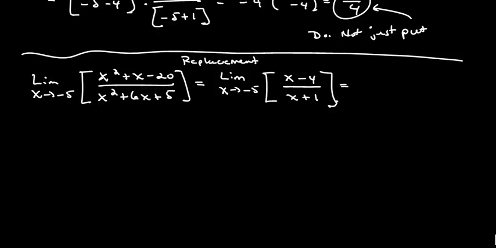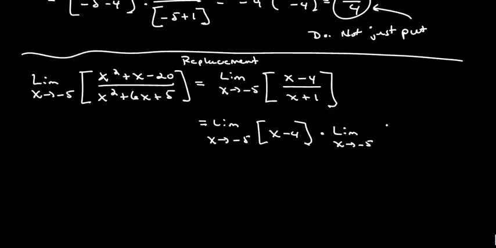Then we would say that this is equal to the limit as x approaches negative 5 of x minus 4 times the limit as x approaches negative 5 of 1 over x plus 1.